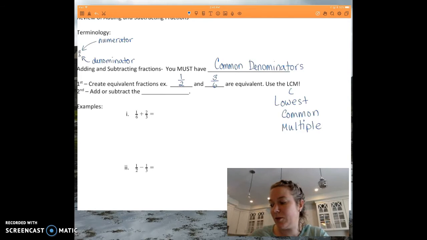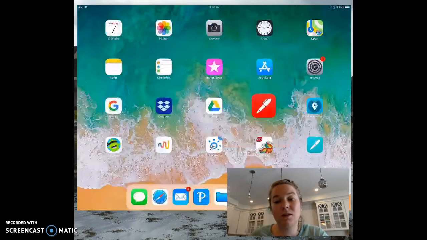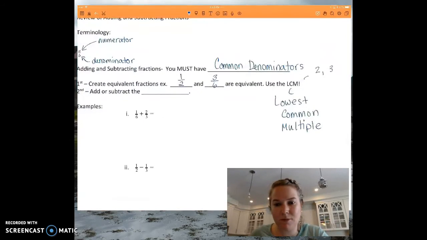So for example, if we're looking for the LCM of 2 and 3, my apologies, the lowest common multiple of 2 and 3, I'm going to go through the multiples of 2. So I'm going to say, okay, the multiples of 2 are 2, 4, 6, 8.